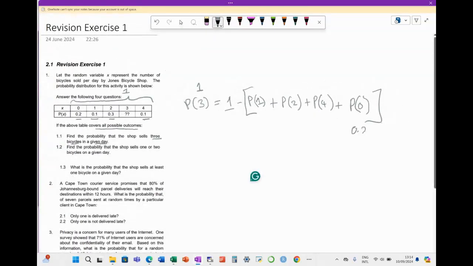So 0.2 plus 0.1 plus 0.3, and here's 0.1.